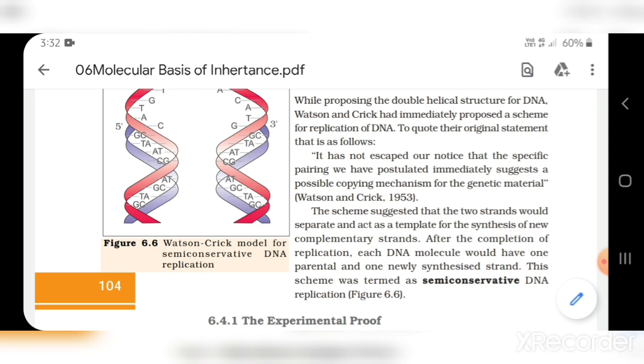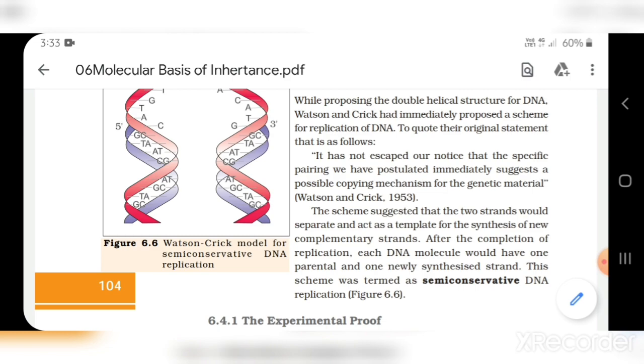Watson and Crick proposed the mechanism of replication of DNA, and they also stated that DNA is a semi-conservative hereditary material. What does semi-conservative actually mean? When DNA produces its copy, it initially needs to unwind itself.